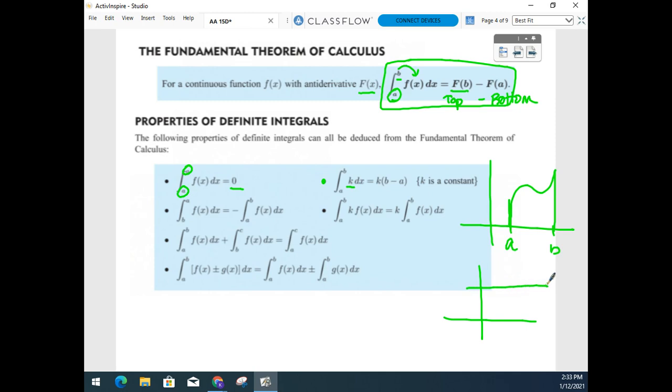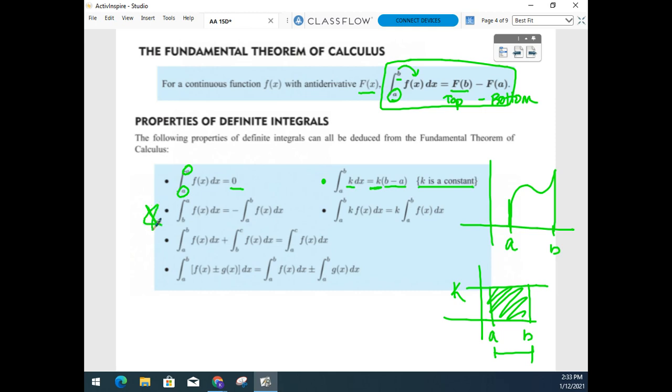Isn't this just a rectangle? So we take that k, that constant value, times the distance from A to B. This is really just our length times width. So this is only when k is a constant.